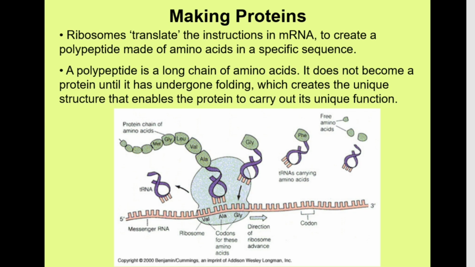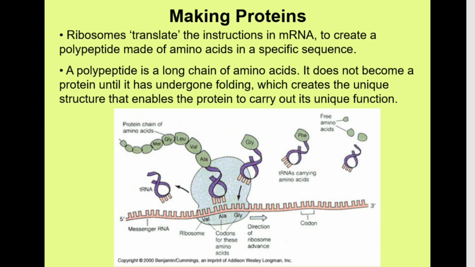But there's an important distinction to make here, and that is this is not a protein yet. So a polypeptide is not a protein. It's just a long chain of amino acids. It will not become a protein until it has undergone a highly complex process of folding and twisting and coiling.